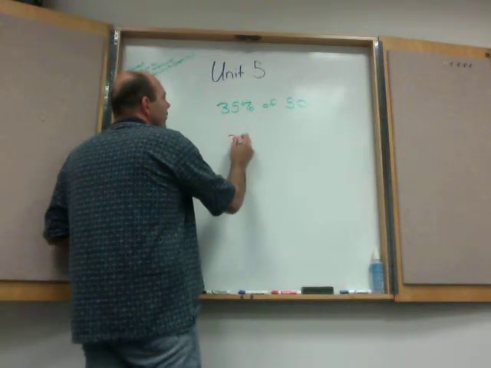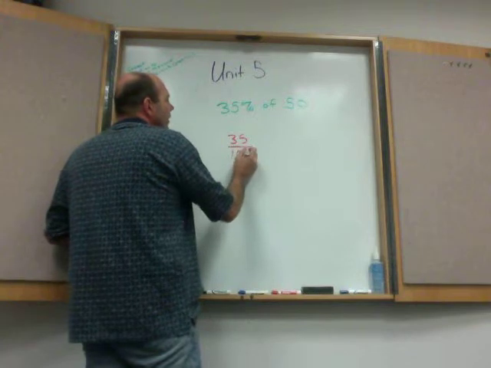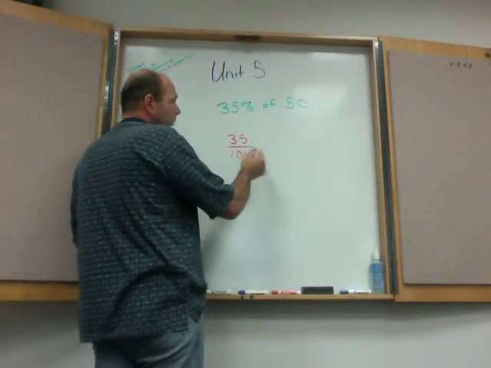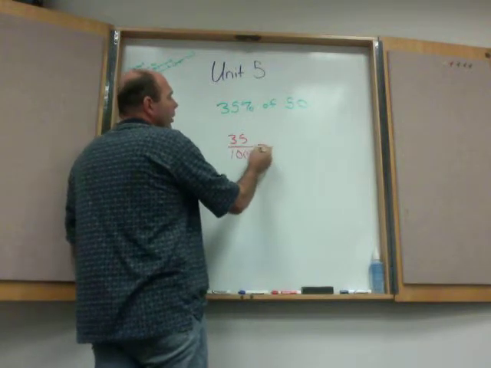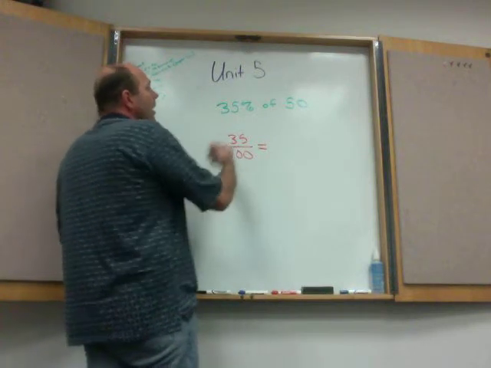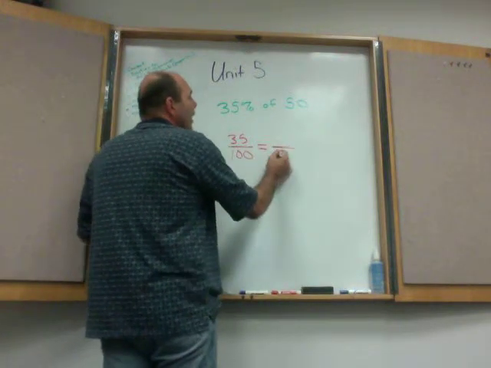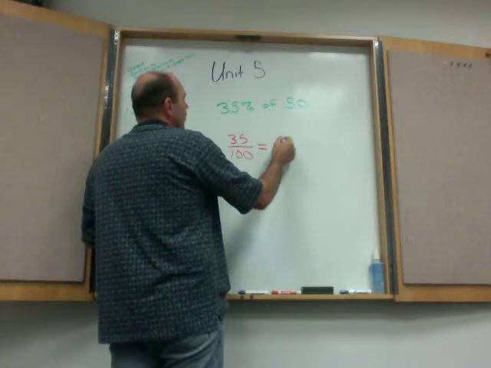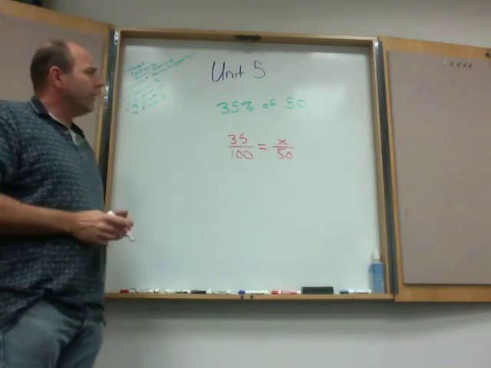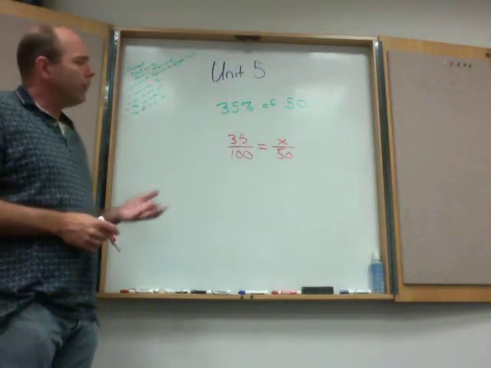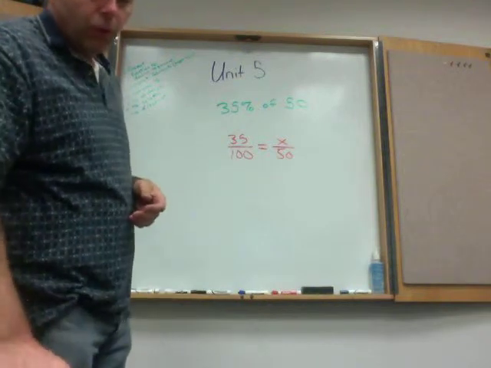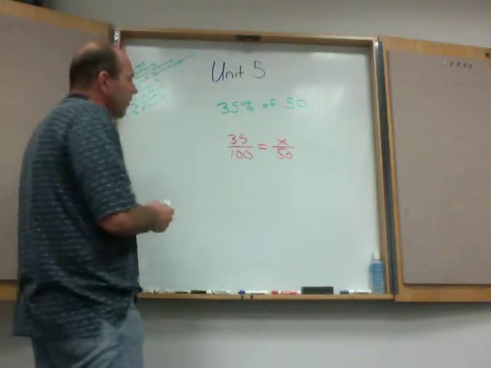So if I say 35% of 50, I can set it up as a proportion like we learned in our proportion unit. If I set it up as 35 over 100, then I want to know that is what out of 50. And I'll just say X. Okay? I remember, how did we solve these? There were a couple of different ways, but the foolproof method was always to cross multiply. So we'll go ahead and do that with this as well.